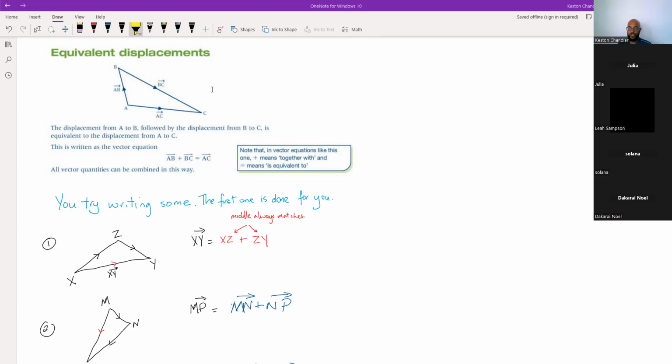That's essentially what these displacement vectors are about, and it's how we use the triangular law of vectors. You would notice that for all of these questions, we are representing it using a triangle. If you look at the direction of the arrows, we start at A and we want to get to C. There are 2 routes.